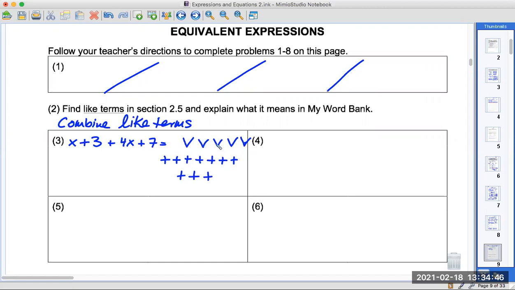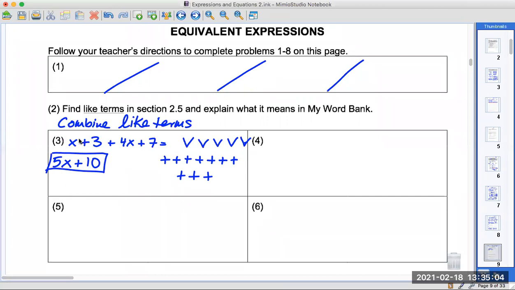So 1, 2, 3, 4, 5 cups means 5x. 1, 2, 3, 4, 5, 6, 7, 8, 9, 10, plus 10. This is the answer. Do not add 5x plus 10. They are not like terms.